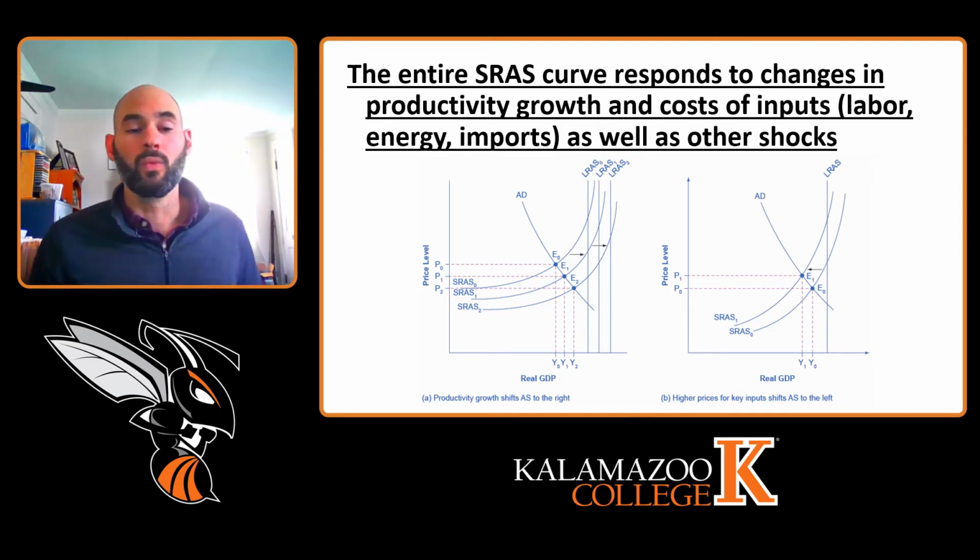And so in the aggregate supply, aggregate demand model, we don't necessarily think of individual inputs increasing in price and having an impact on the equilibrium throughout the economy. We think of more aggregated inputs such as the price of labor.